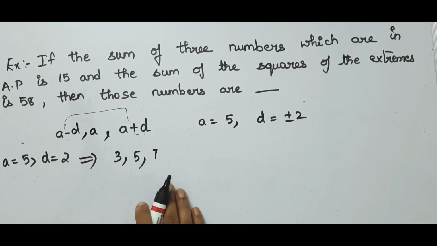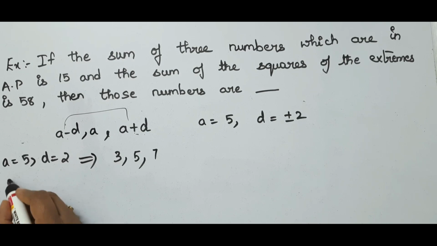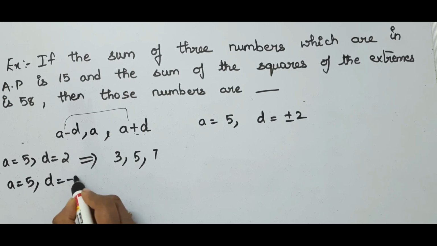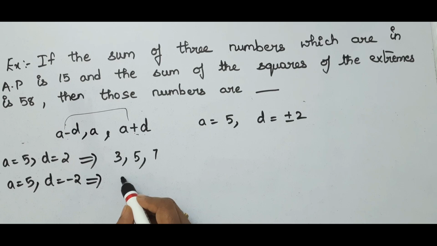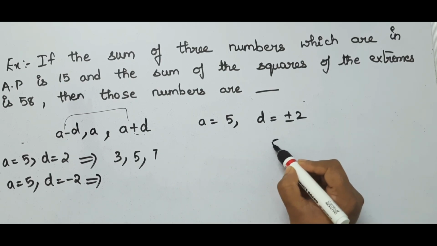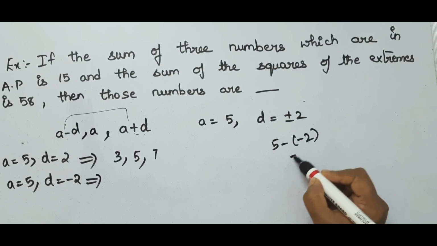So these are the three numbers at d equal to 2. If we take a is equal to 5, d equal to minus 2, then the three numbers will be a minus d, that is 5 minus of minus 2, which is nothing but 5 plus 2, is it not?